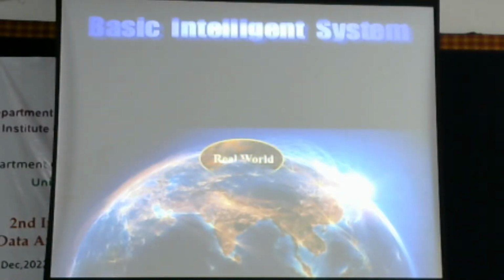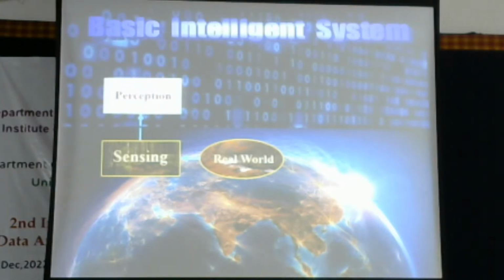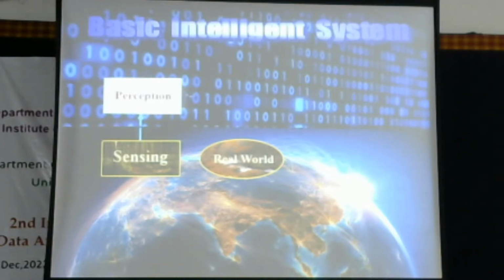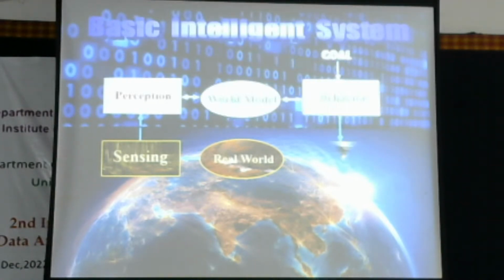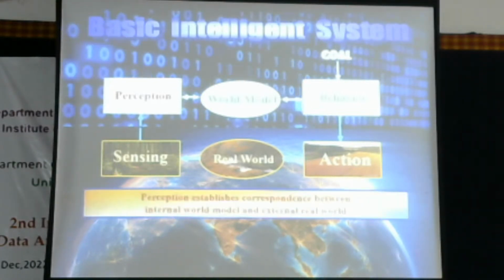So the basic thing is that you have a real world where you're sensing the data, and then you go to perception, which is now in your computer. You perceive the data and you create a world model of the data, you put in your goal which gives you the behavior, and based on the behavior you take an action. Right.